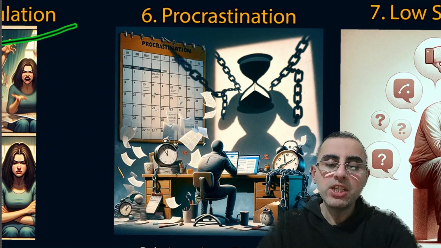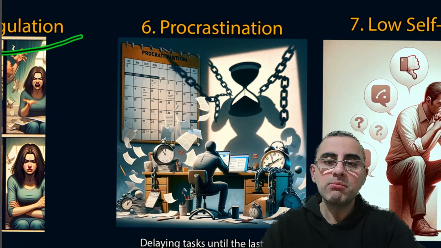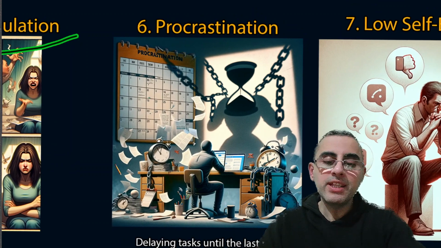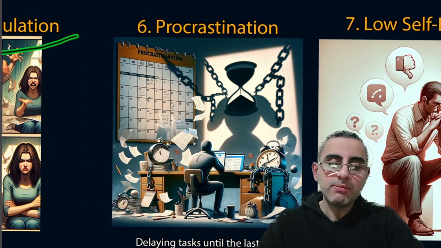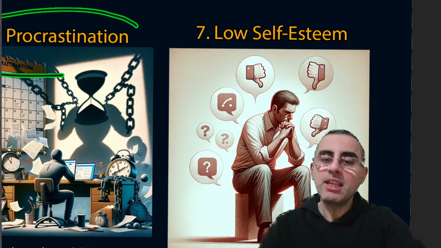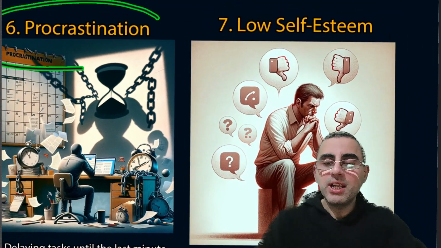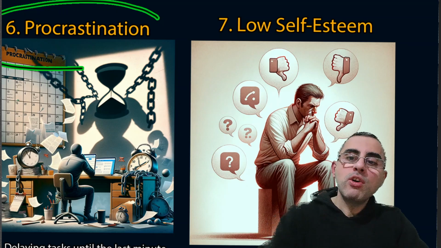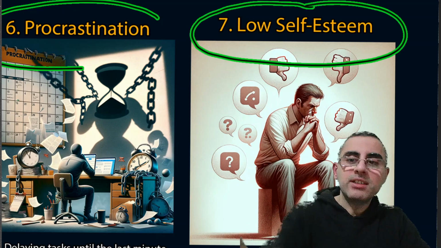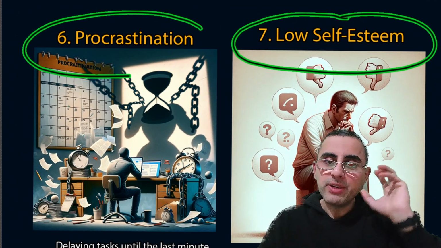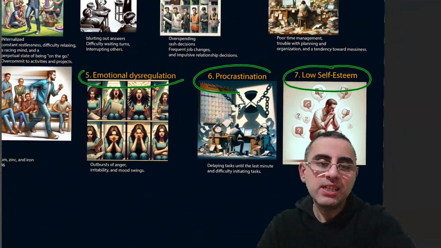The sixth most common symptom is procrastination, delaying tasks until the last minute and difficulty initiating tasks. And low self-esteem. Low self-esteem can be a result of constant underachievement or a constant feeling of being different, and as a result we get low self-esteem.